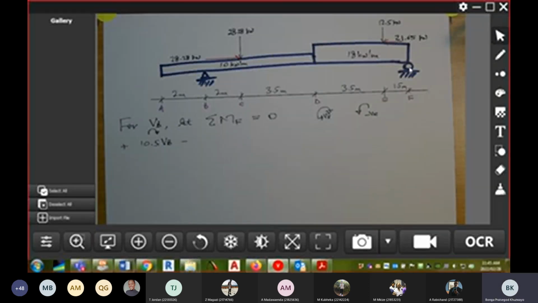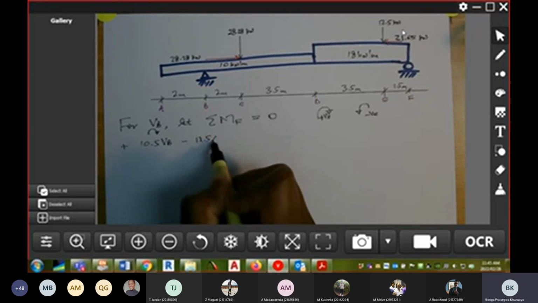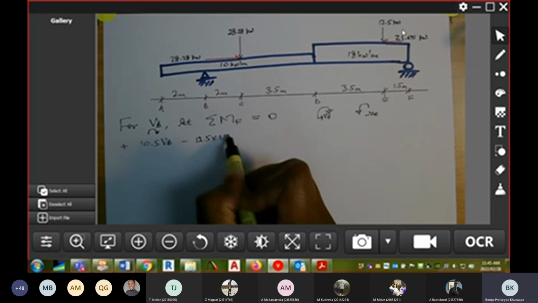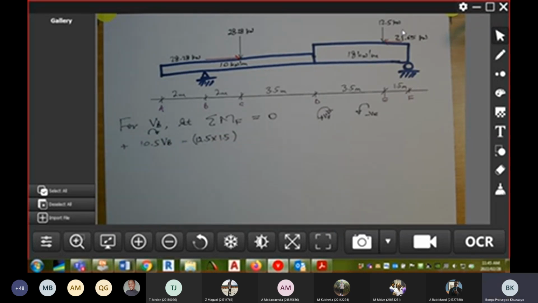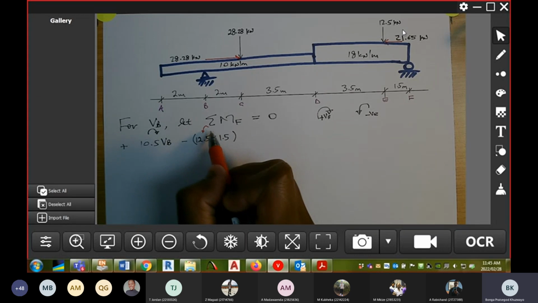We're taking moments about node F, and then we have a force of 12.5. The lever arm for 12.5 is 1.5. This one is causing anti-clockwise rotation about node F.